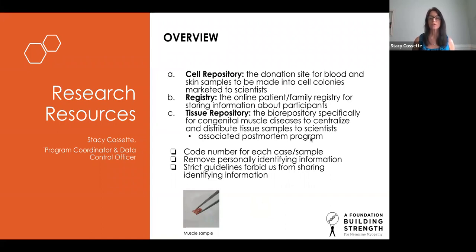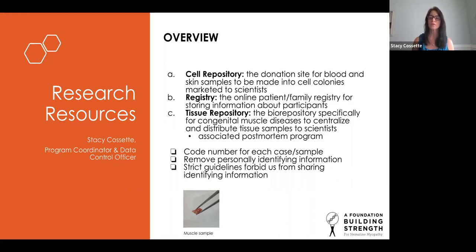Now, just to overview what each of these is all about, the cell repository is the donation site for blood and skin samples to be made into cell colonies, which are marketed to scientists. The registry is the online patient family registry for storing information about our participants. The tissue repository is the biorepository specifically for congenital muscle diseases to centralize and distribute tissue samples to scientists.